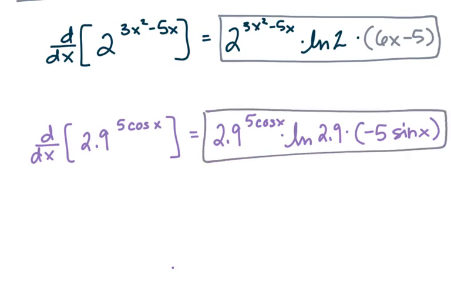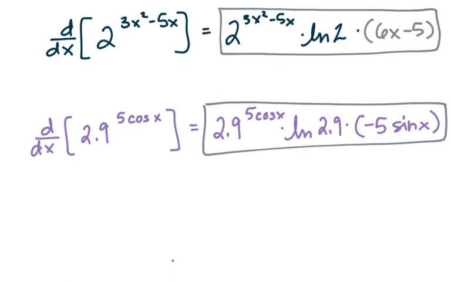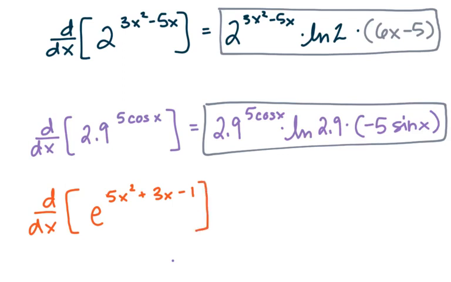Now, of course, if the base is e, we don't end up with this natural log of the base in there. So let's just look at one of those examples. Derivative with respect to x of, say, e to the 5x squared plus 3x minus 1.